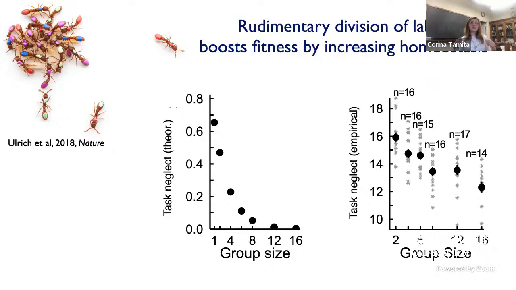And so one of the immediate indicators in terms of fitness that we found, indicator of this homeostasis, was the fact that larvae in groups of 16 individuals developed much faster, like several days faster than larvae in groups of 6 individuals or 4 individuals.